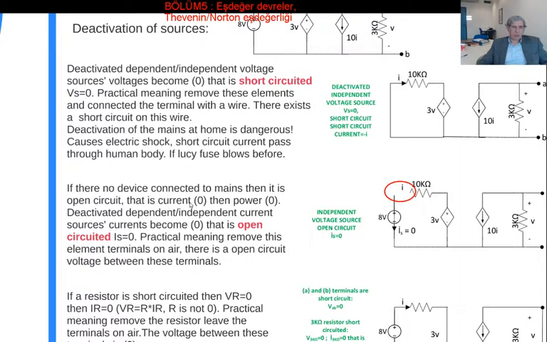So the current is zero. If the current is zero, the voltage is known, that is, the independent voltage source voltage is known. Current times voltage, since the current is zero, is going to be zero, which means power is zero. So if your independent voltage source at home is open circuit, there is no power delivered.